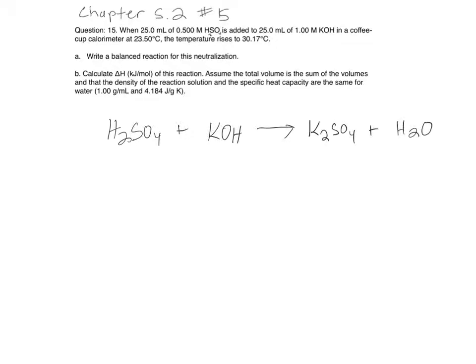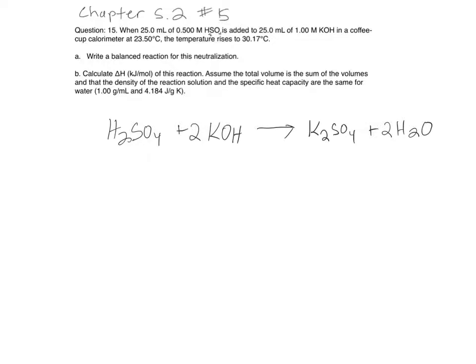Now this reaction isn't balanced yet. You have to look at the sum of the atoms and make sure that they're equal on the reactant side as well as the product side. So when we do this, we need to add a 2 here, and we need to add a 2 here. Alright, now that's our balanced reaction for this neutralization.